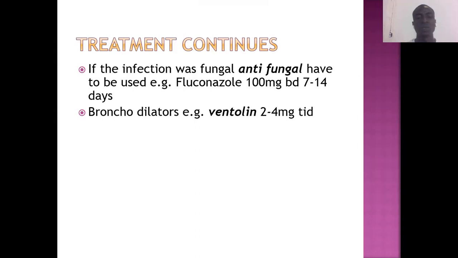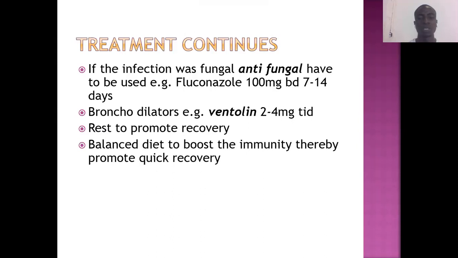Then, if there's bronchospasm, you can give bronchodilators such as Ventolin 2 to 4 mega units TDS. And also you can put the patient on bed rest to promote quick recovery, and also a balanced diet to boost the immune system and promote quick recovery.